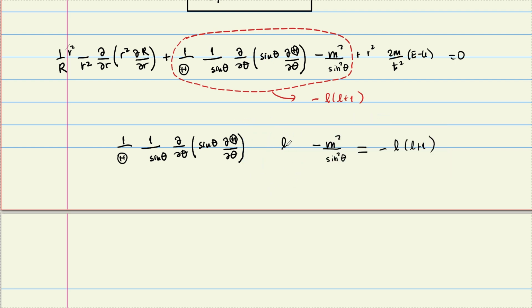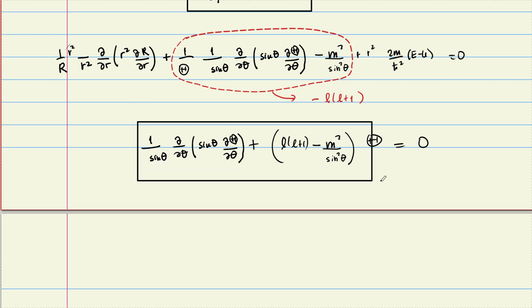So this is l(l+1), and this entire thing, now I can delete this. This is plus, and I want to multiply everything by theta. So this times theta is equal to 0. Let me check: 1 over sine theta, d/d theta, plus l(l+1) minus m squared over sine squared theta. Okay, this seems to be correct. So this is my second equation.